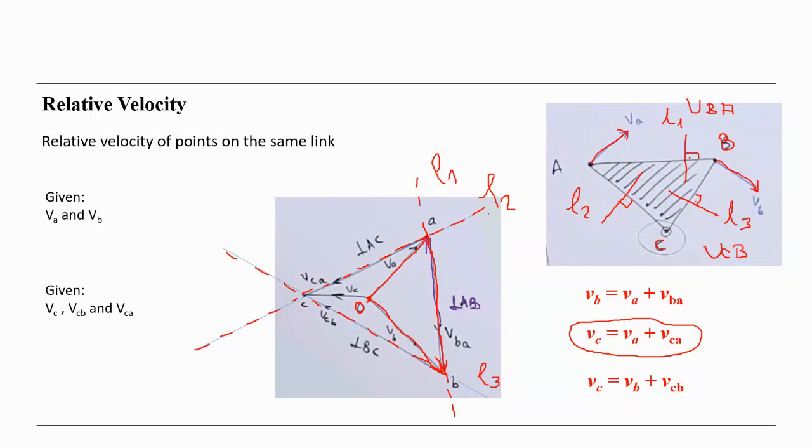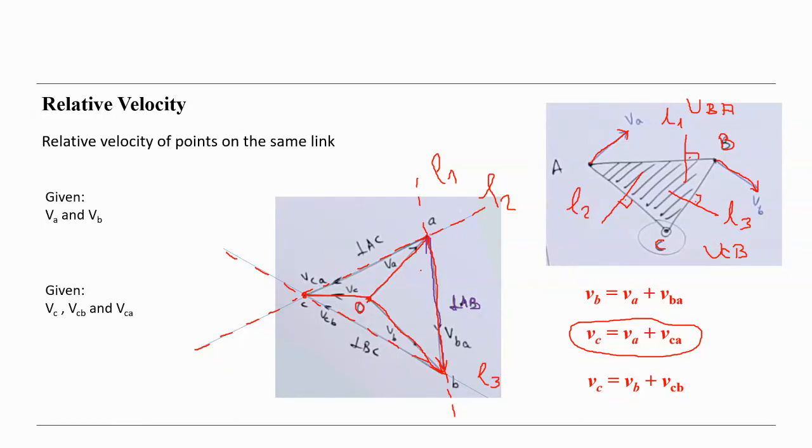So the crossing point of L2 and L3 here defines the end of the vector of BC, and then we have the relative velocity, the velocity of the point C, VC.